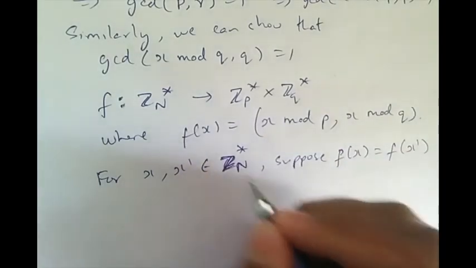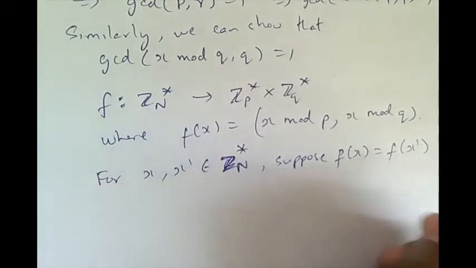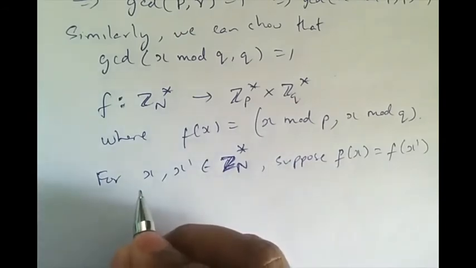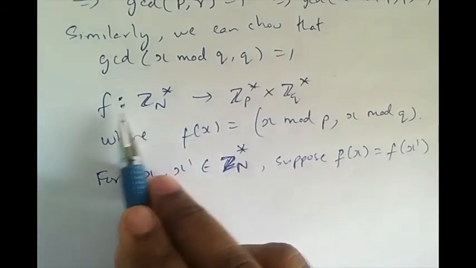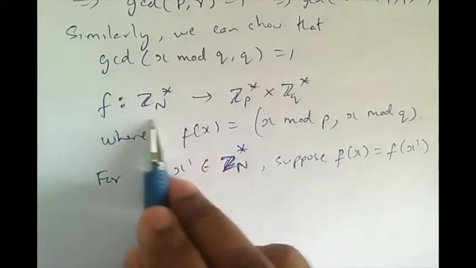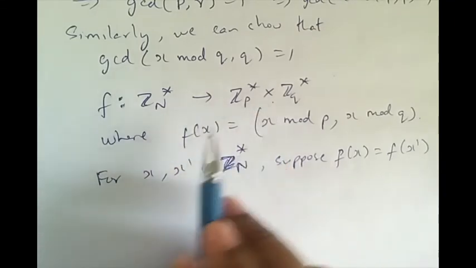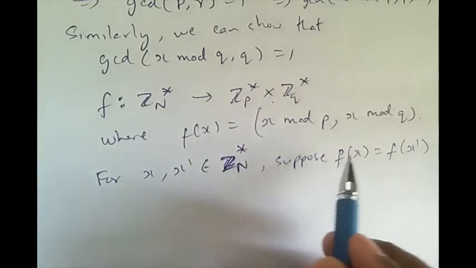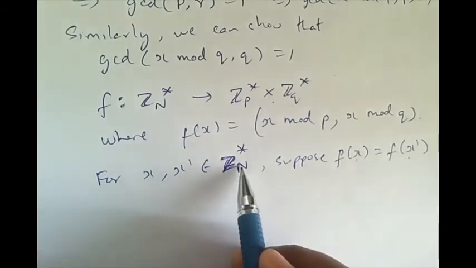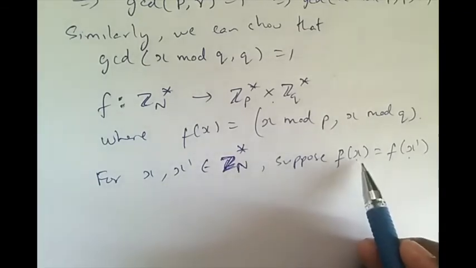Now in the previous part of the proof, we already showed that this implies x is equal to x prime, because we showed that f is 1-to-1 when you look at even the larger set Zn, and if the images of two elements agree, that is if f of x is equal to f of x prime, then x is equal to x prime. So since Zn star is a subset of Zn, that condition will hold here as well.